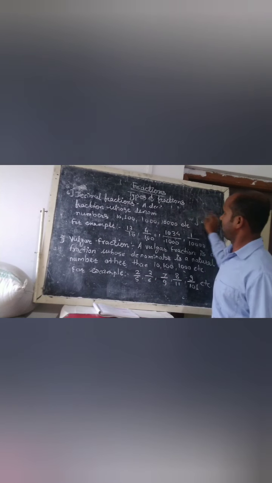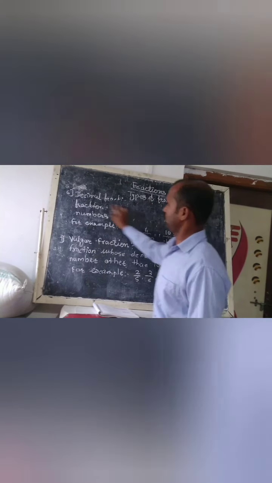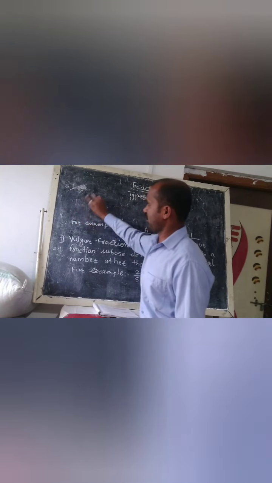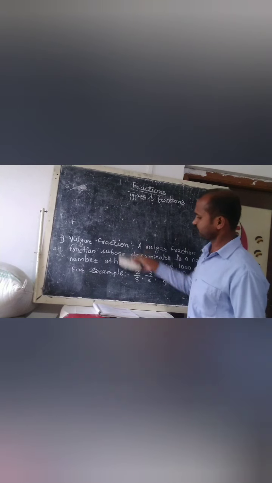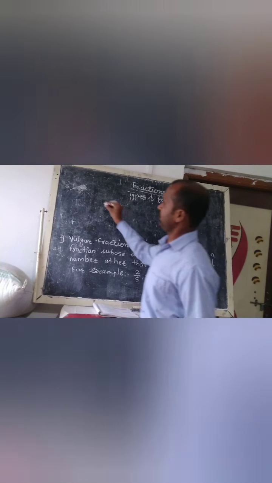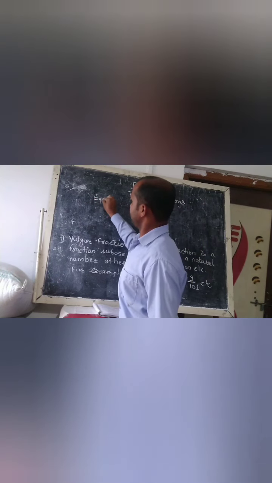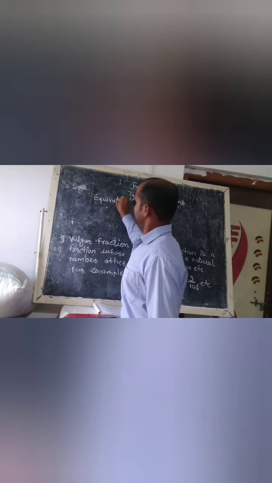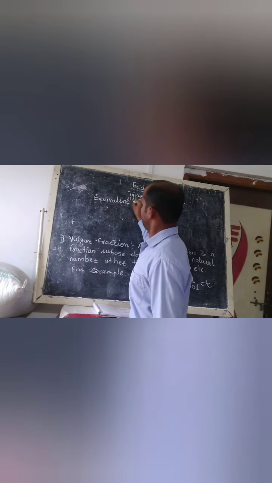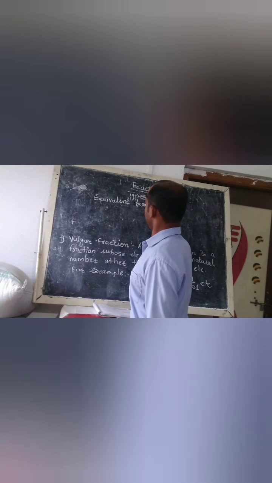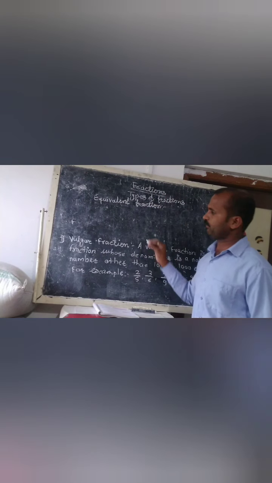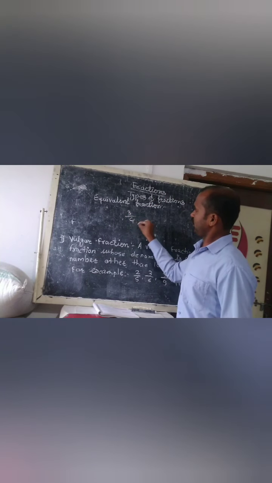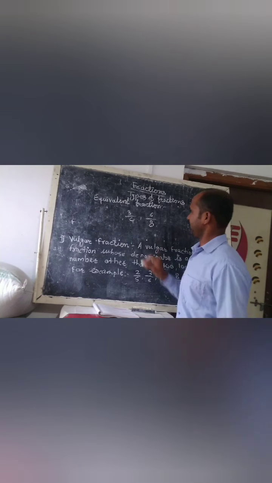equivalent fraction. How to convert a fraction into an equivalent fraction, or how to find the equivalent fraction of a given fraction. Equivalent and equal are different. Equivalent means any two fractions whose simplest form is the same. For example, 3 upon 4 and 6 upon 8.